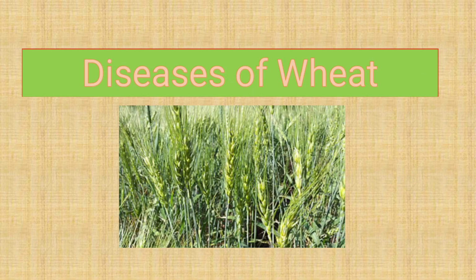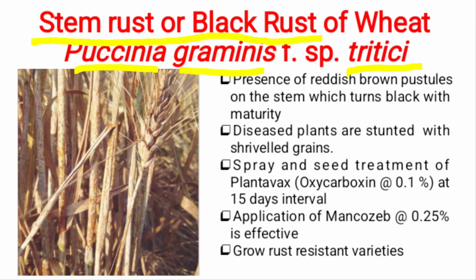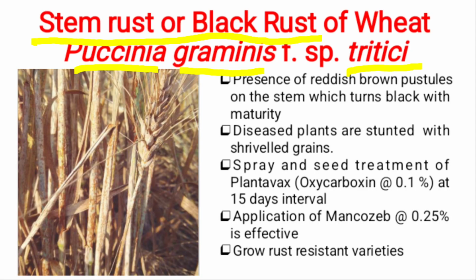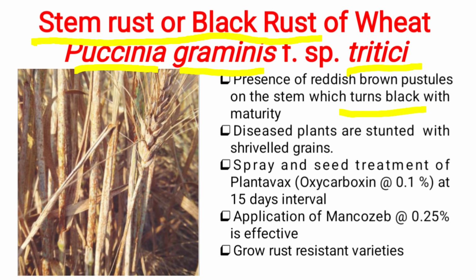Now if you look at its symptoms, the first symptom is the presence of reddish brown pustules. These reddish brown pustules turn black with maturity. That is why it is known as the black rust of wheat, right? The symptoms appear as black pustules on maturity.